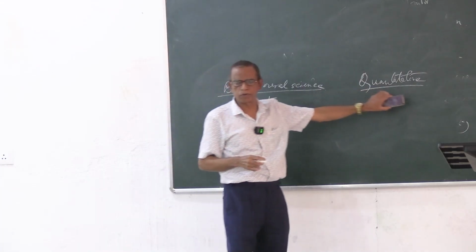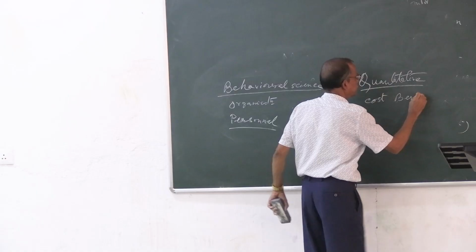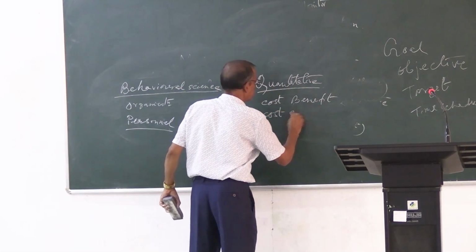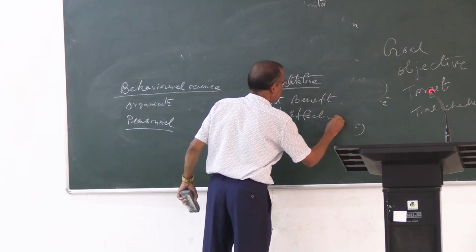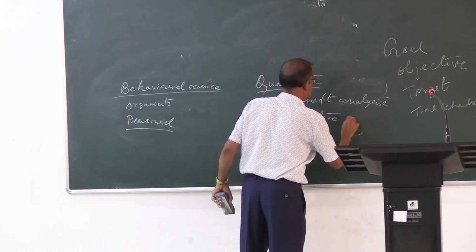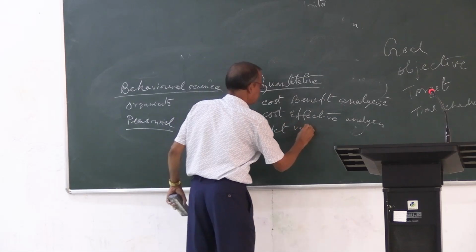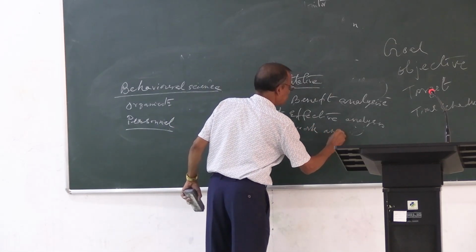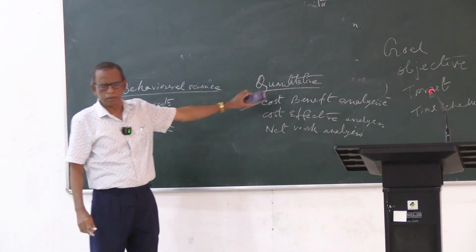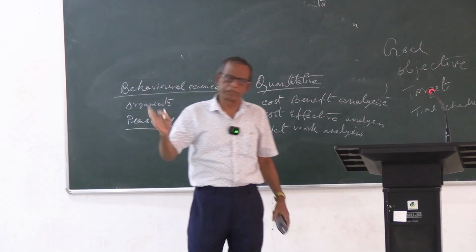Next is quantitative. What about quantitative? One important is cost benefit analysis and cost effective analysis. আর এটা হচ্ছে নেটওয়ার্ক অ্যানালিসিস। আরও অনেকগুলো আছে, ওগুলো আর আমি তোমাদের বলছি না, কিন্তু মোস্ট ইম্পর্টেন্ট ইজ কস্ট বেনিফিট অ্যানালিসিস অ্যান্ড কস্ট এফেক্টিভ অ্যানালিসিস। হোয়াট ইজ কস্ট বেনিফিট অ্যানালিসিস?